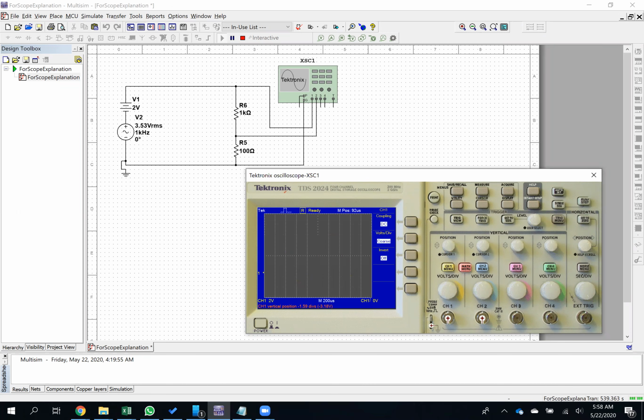And then I can count, it's a little bit off there, but I can see I have 1, 2, 3, 4, 5 divisions high times 2 volts per division. So here to here is 5 divisions times 2 volts per division. Divisions cancel out, and that is 10 volts peak to peak.